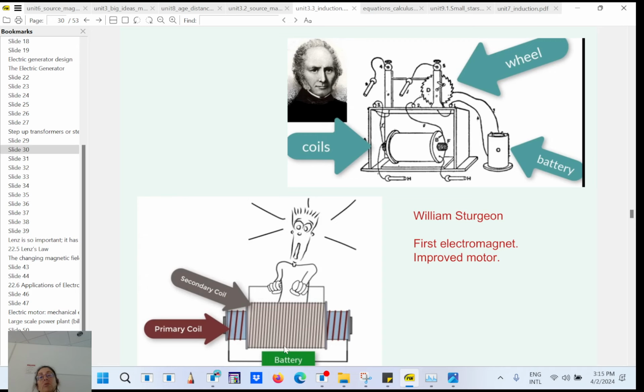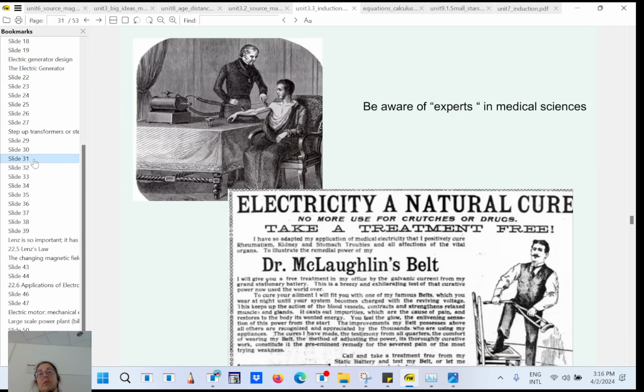Once it was understood how you can induce a very large voltage just by increasing the number of coils, they started to think about all kinds of applications so they could make money. One idea was used in medicine.